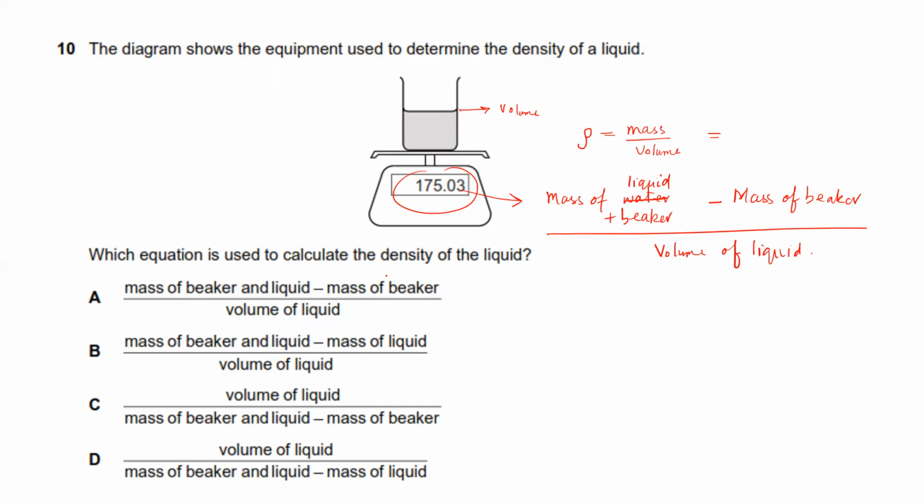Okay, so let's see which is the mass of beaker plus liquid minus mass of beaker divided by volume. So this appears to be correct. Mass of liquid, no, this will not give the density. Again, liquid mass, no. So answer A is the best choice we have.